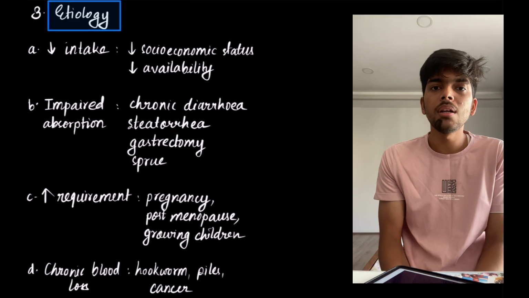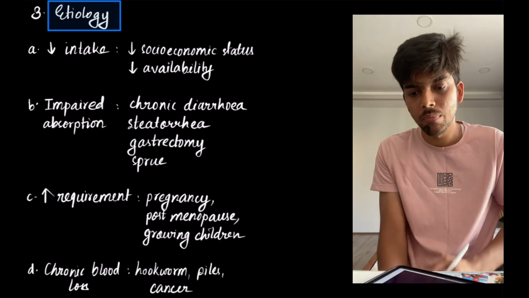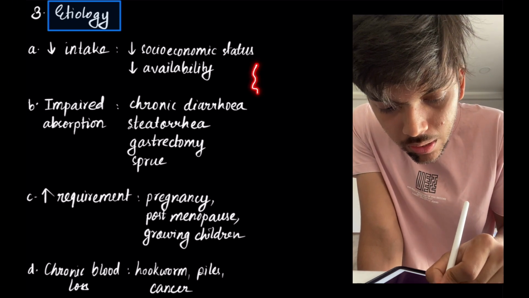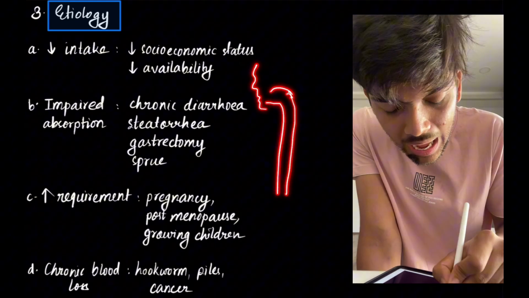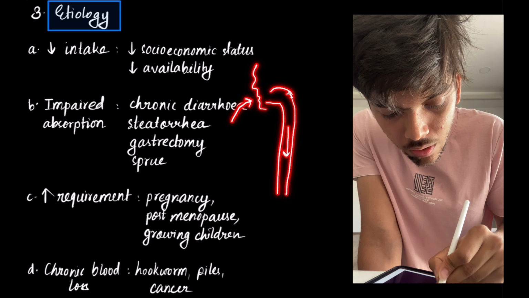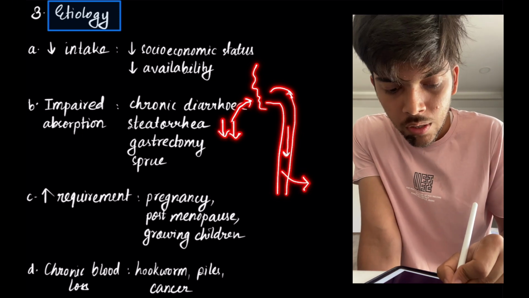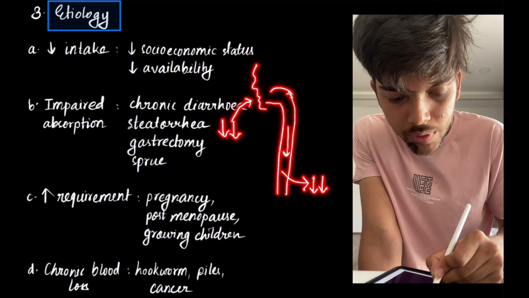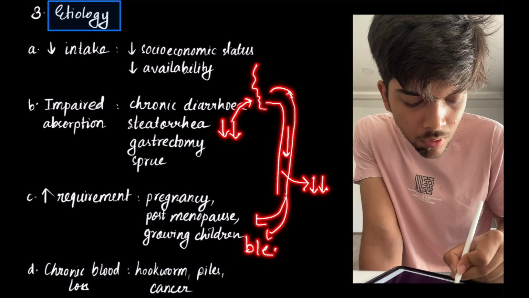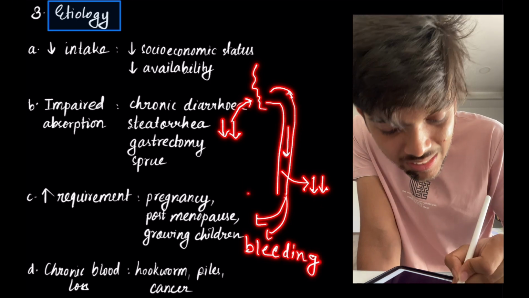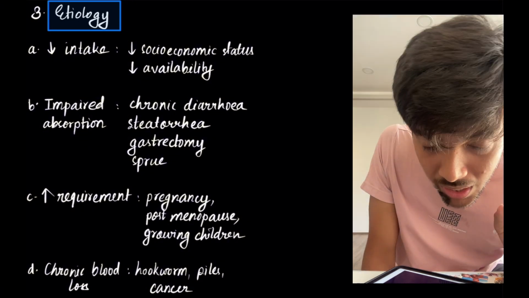Okay, now what are the various factors or causes of iron deficiency anemia? Here's your tiny little mouth, and then here's your gut. Iron is taken in, it reaches the gut, and then it gets absorbed. So if there is less iron intake, or less iron absorption, or increased wastage of iron due to bleeding, or increased requirement of iron, these can all lead to deficiency of iron in the human body.